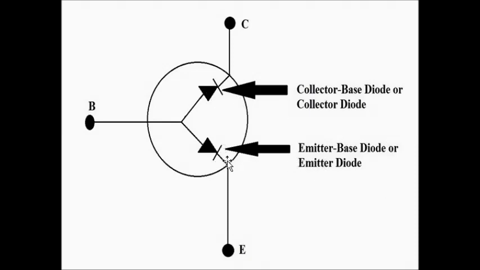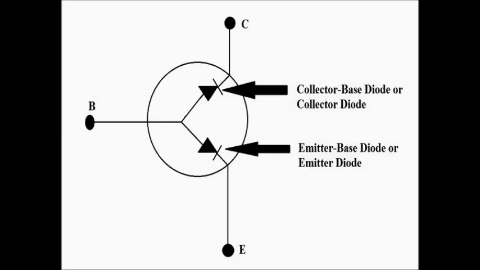Now these two diodes determine in which mode the BJT operates, whether it operates in cutoff mode, saturation mode, or the active region mode. These two diodes play an important part in that. That's why I made you understand this whole two diodes connected back to back thing, so that you understand the operating modes of a BJT in a better way.